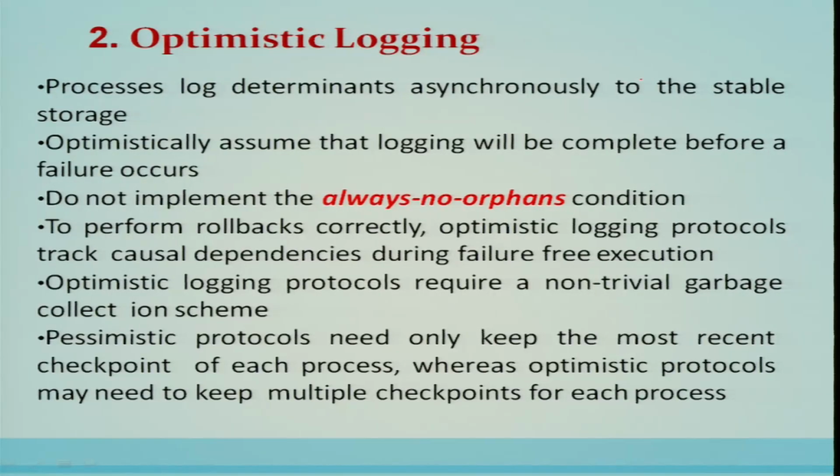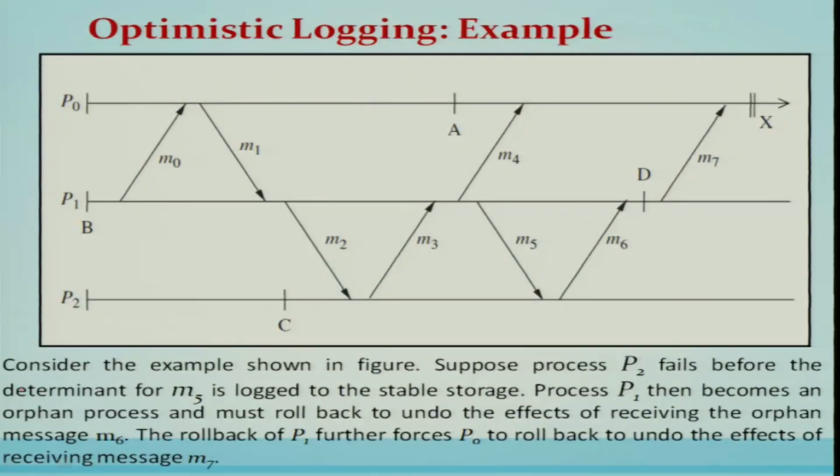Optimistic logging protocols require non-trivial garbage collection schemes. Pessimistic protocols need only keep the most recent checkpoint of each process, whereas optimistic may need to keep track of multiple checkpoints, and that will require more memory for storing the checkpoints. So in optimistic logging, consider the example.